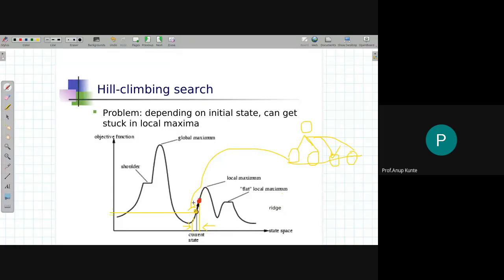Out of the 4, I pick this one, and then I compare the current node, which is in yellow, with it with respect to the objective function value, and I clearly see that the objective function value for this node is better. So I concede my spot, yellow, to this one. Now the yellow dot would move to this spot on the graph.